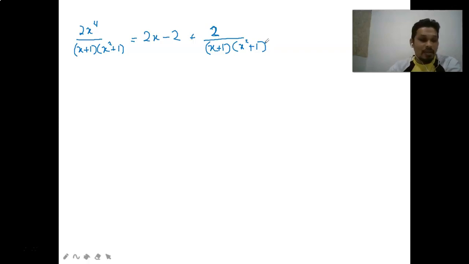Okay, so now this is the fraction that we're going to come up with a process of partial fraction.